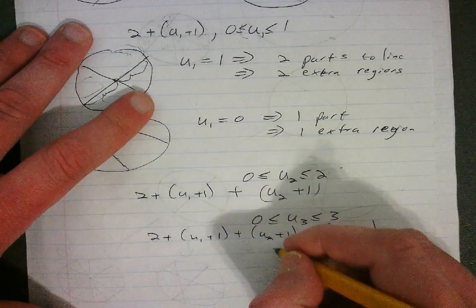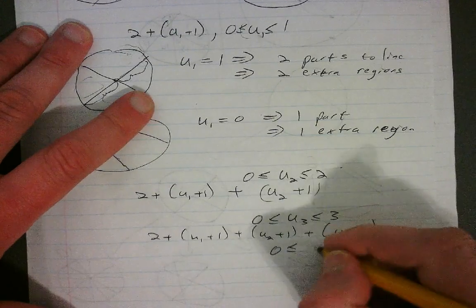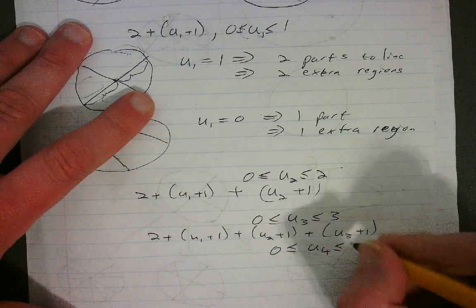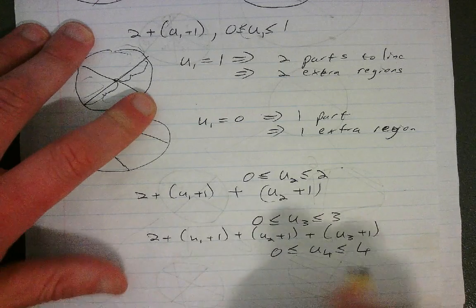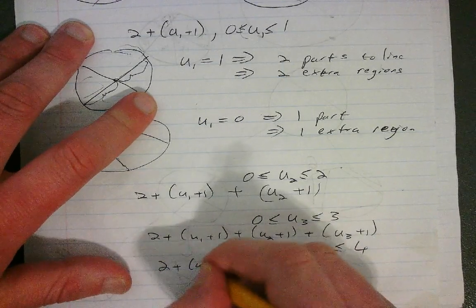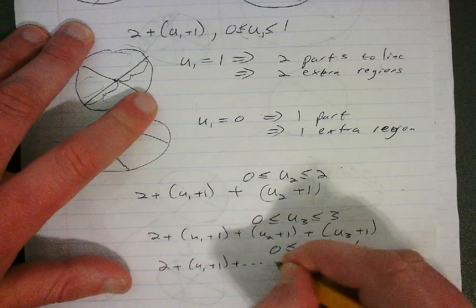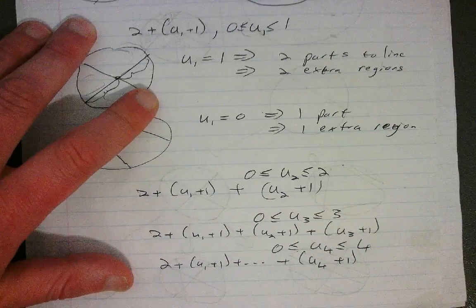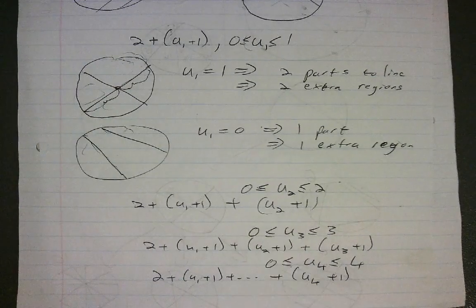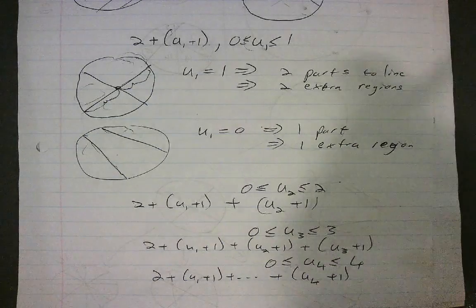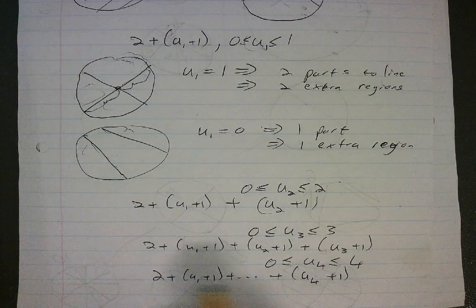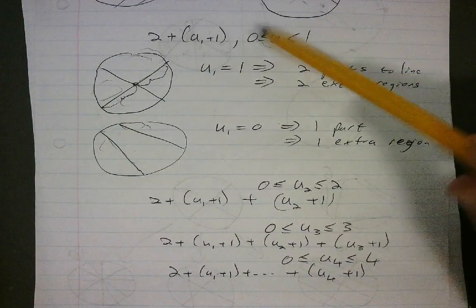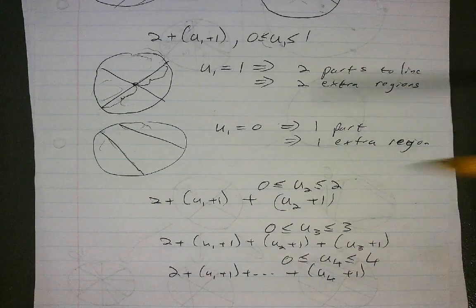And for the last line, we get that the number of lines it can cut is between 0 and 4, and the total is 2 plus U1 plus 1 plus 2, U4 plus 1, total number of cuts. And the maximum for this sum is when each one of these UIs have their maximum values.